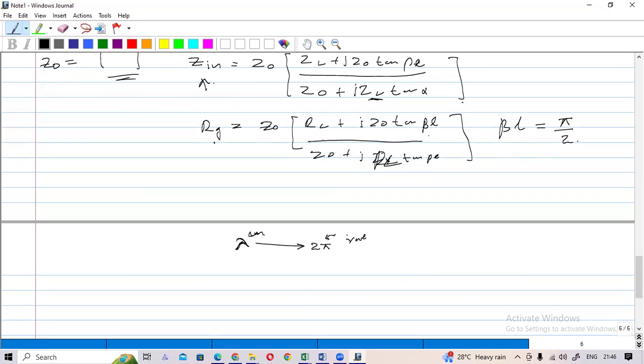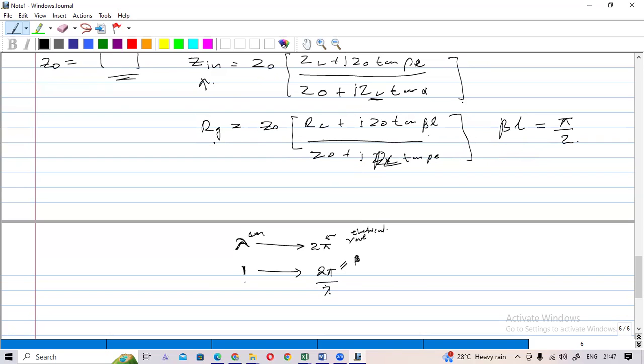This is normally referred to as electrical length. So for a unit distance, it will be 2 pi divided by lambda. This is referred to as beta, the phase constant, defined as beta equals 2 pi by lambda.